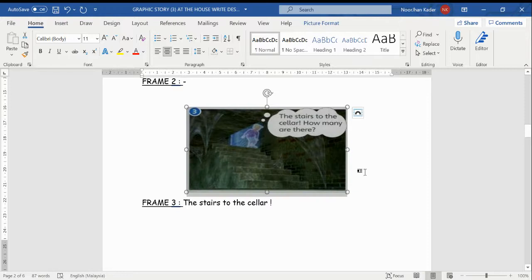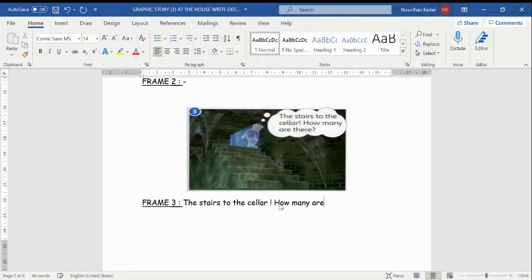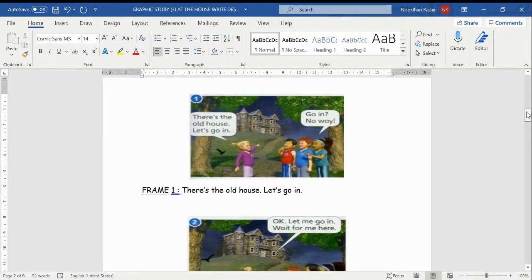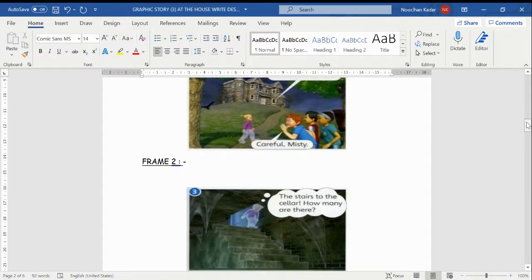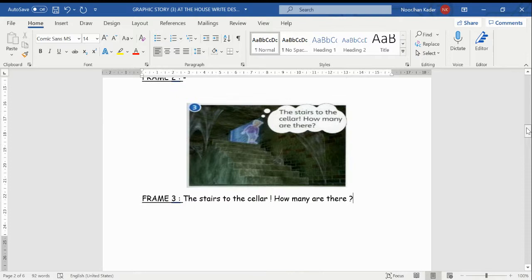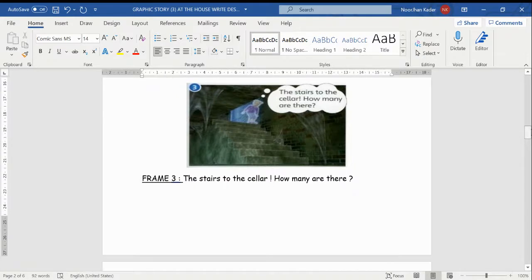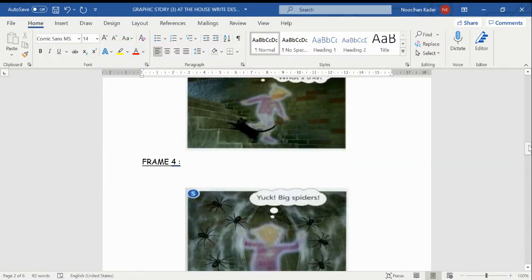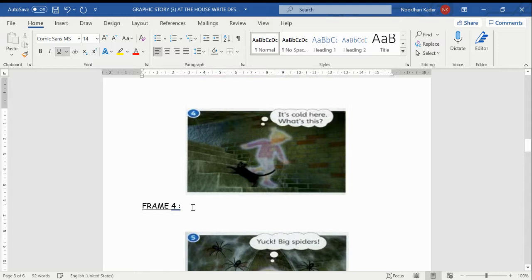How many are there? So that is the third frame. First frame, you've got the description. Second frame, there's no description. Third frame, there's also a description. Now let's go to the fourth frame.